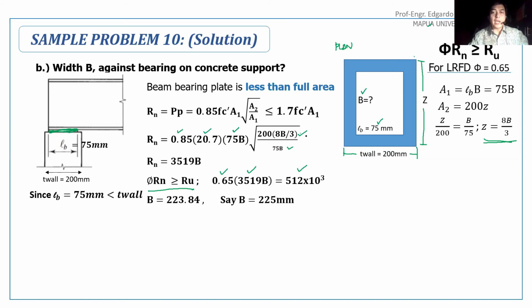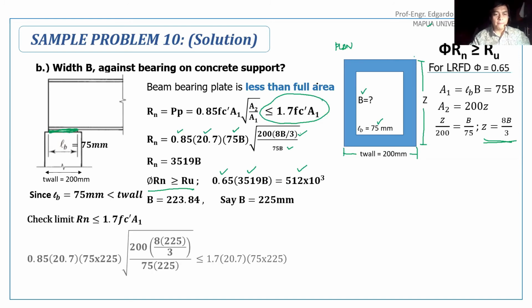Now, before we accept this 225, we need to validate yung condition natin na ito. We have to check kung less than ba siya ng 1.7 FC prime A1. Ayan, so check the limit of Rn.